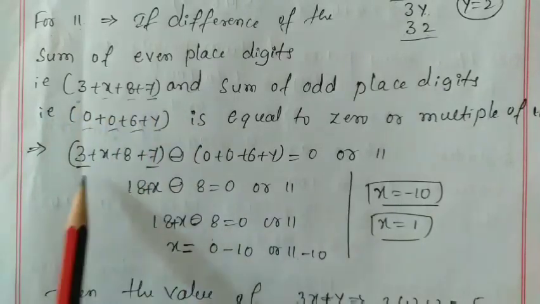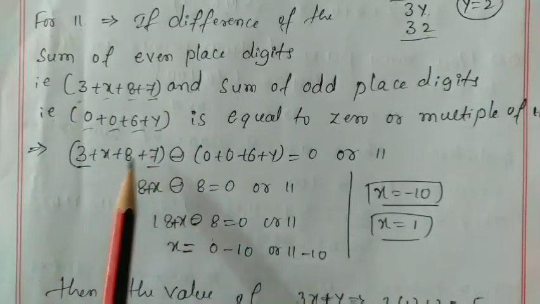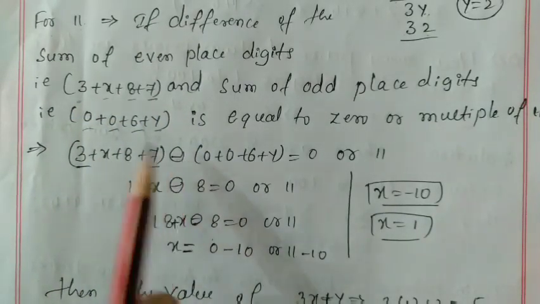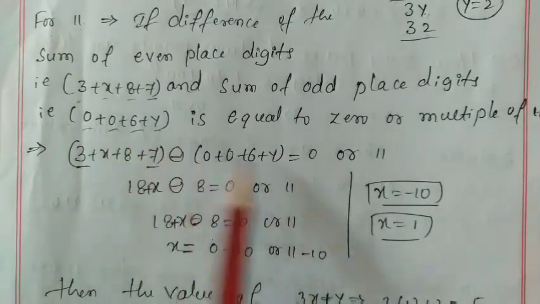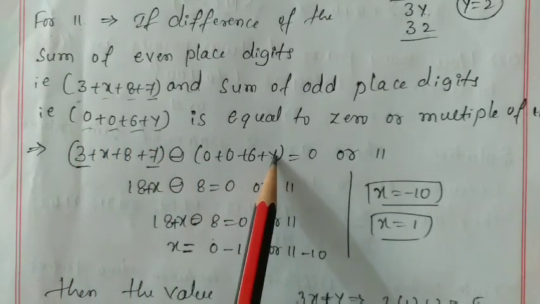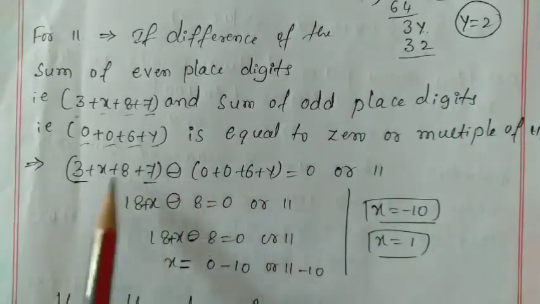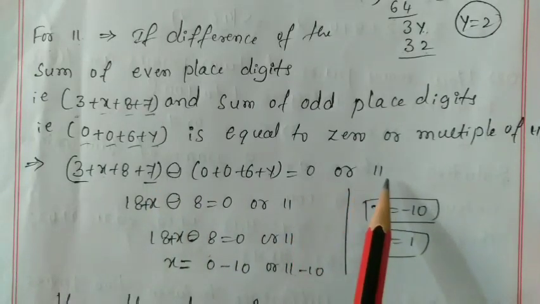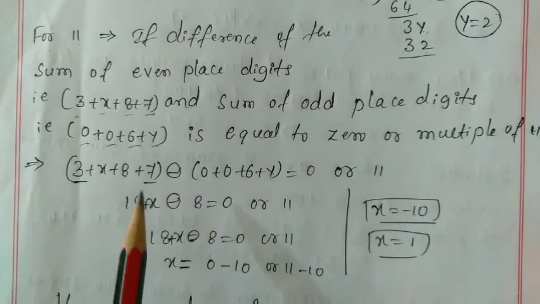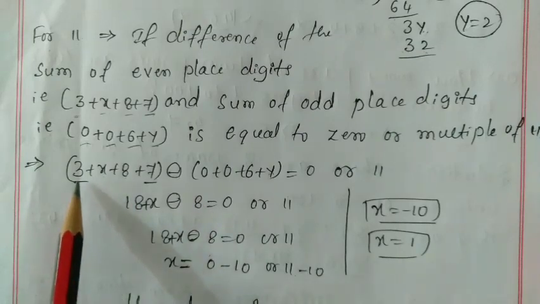If this is equal to 0 or a multiple of 11, then that is said to be divisible by 11. Okay, so you can add all this: 3 plus x plus 8 plus 7 minus, you can write, 0 plus 0 plus 6 plus y. The y value you can substitute as 2. Okay, so you can subtract these two. It's a difference. If you get 0 or 11, then this is said to be divisible by 11.